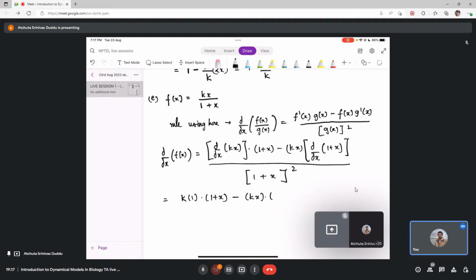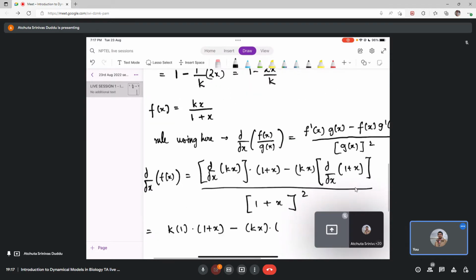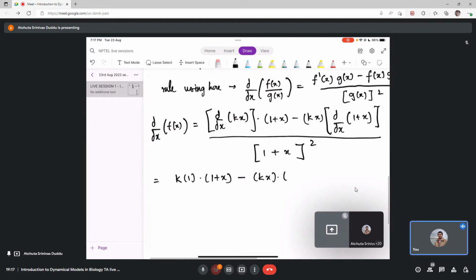So the differential of 1 is again, I wrote 0, yeah, 0. The differential of 1, which is a constant, is 0. So you have 0 plus the differential of x, which is 1, right?